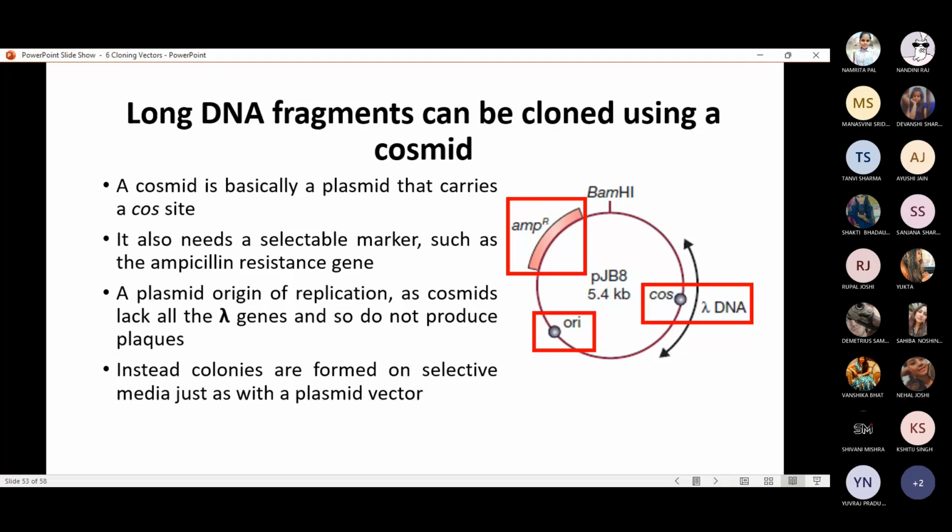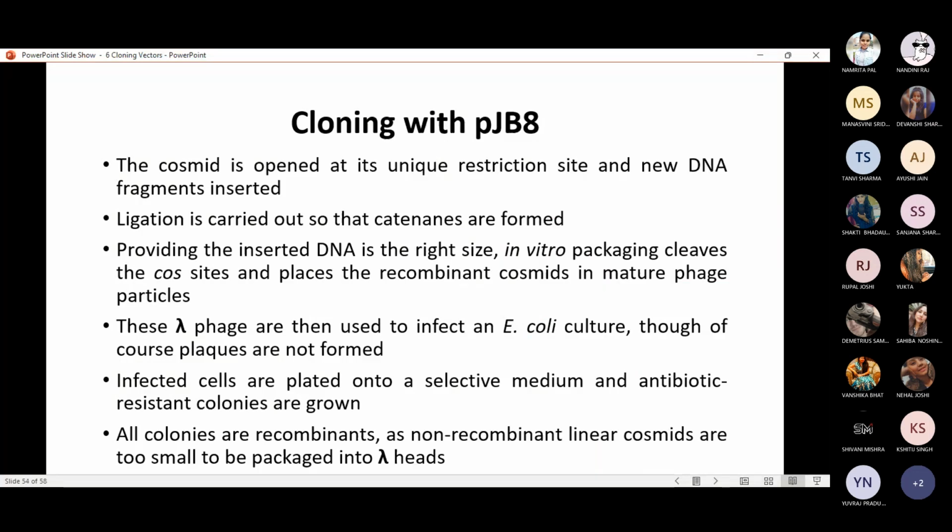So it is going to have both components, and this is going to help you in packaging. If you want to do some artificial packaging, you can go with it. The name of this example plasmid is pJB8. P stands for plasmid, and JB is the lab from where you are going to get it.